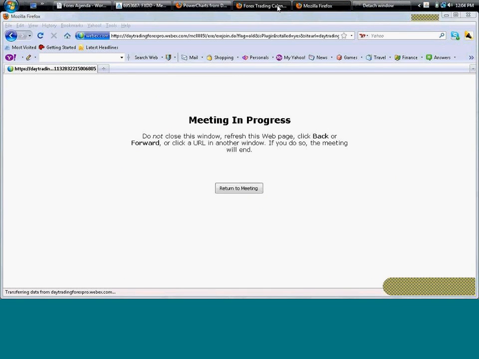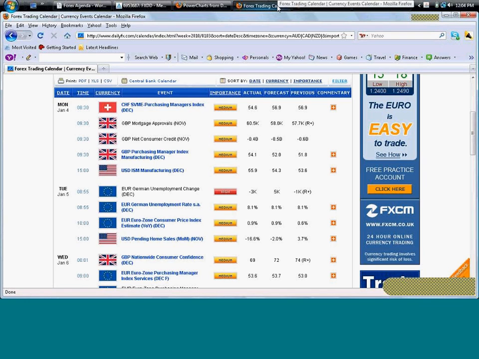Here we've got fundamentals. So basically fundamentals mean what events, what fundamental factors are happening in the world that, this is not technical analysis, it's fundamental.